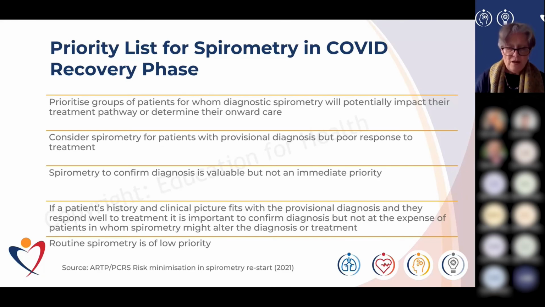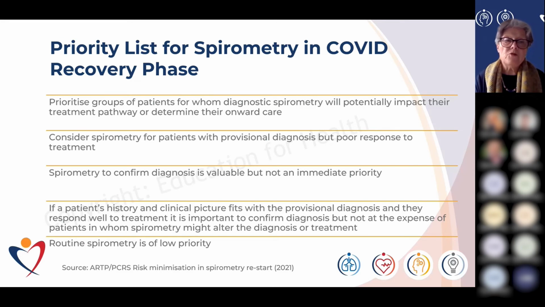So I did talk earlier on about the priority list for spirometry, and this comes from the guidance from the ARTP. So prioritise patients for whom diagnostic spirometry will potentially impact their treatment pathway or determine their onward care, because they're a priority, aren't they? Consider spirometry for patients with a provisional diagnosis but poor response to treatment. So are you reconsidering the diagnosis?